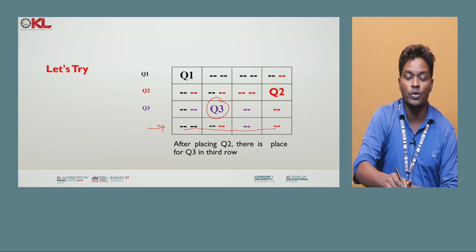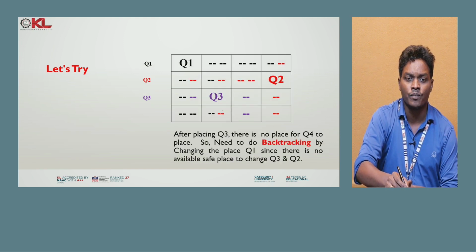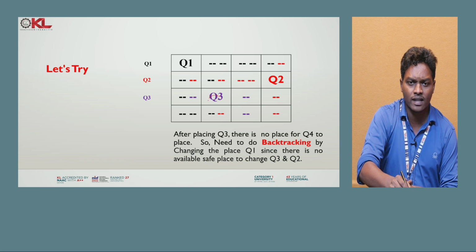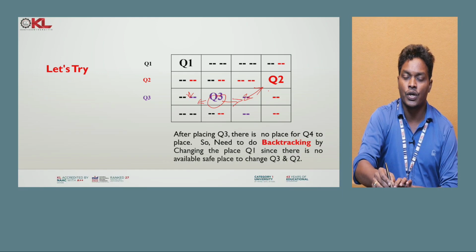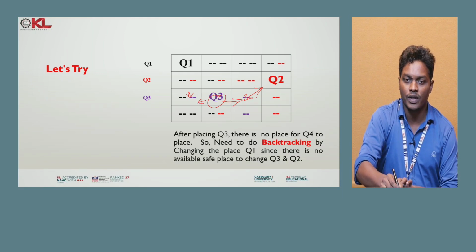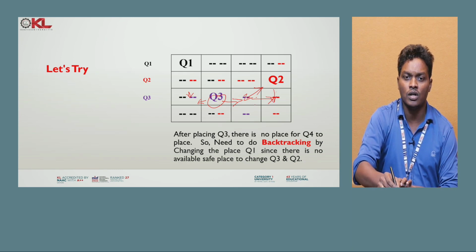Again, what do we have to do? We have to backtrack. But if we move q3 to the leftmost position, q1 can attack, so we cannot. If we move q3 to the rightmost position, then q2 can attack diagonally. If I move q3 here, it is again the same column, so q2 can attack. So there is no possible position for q3.